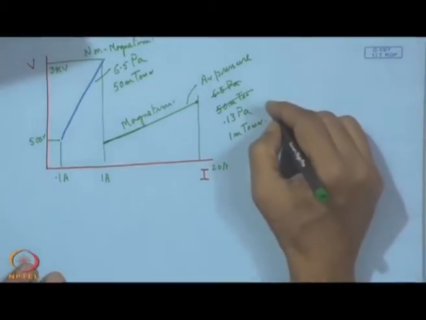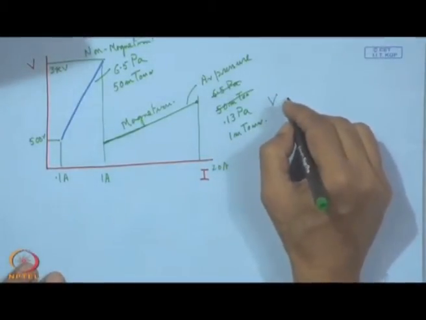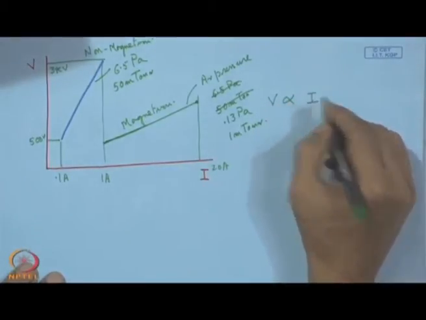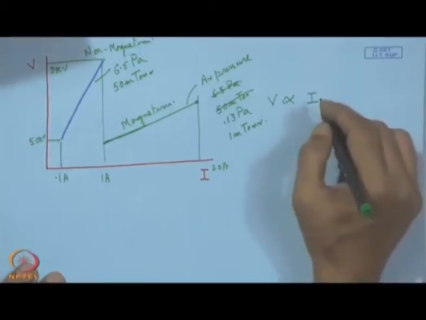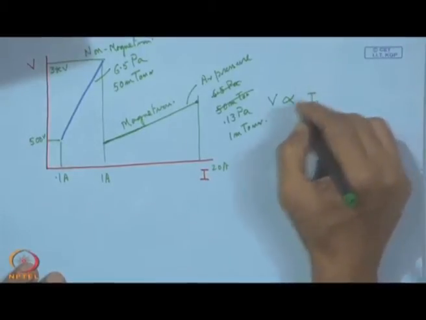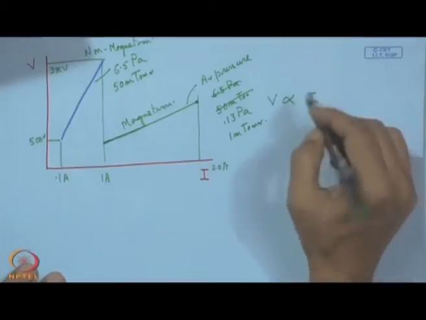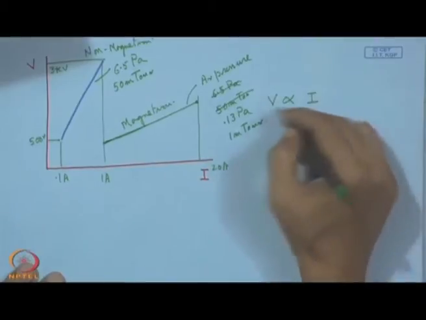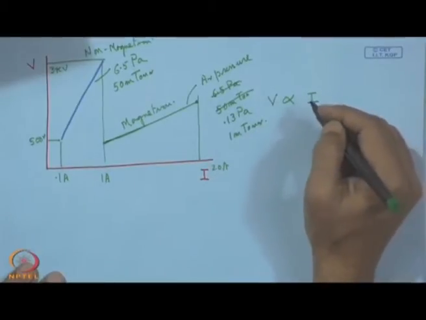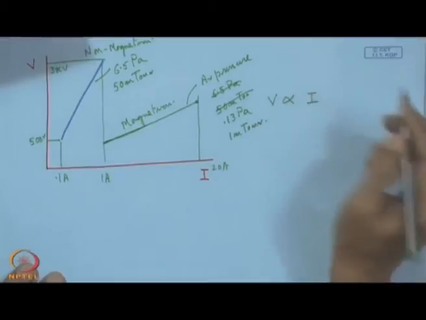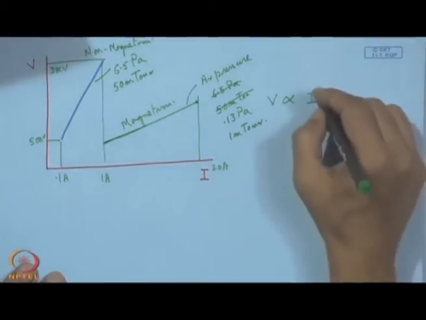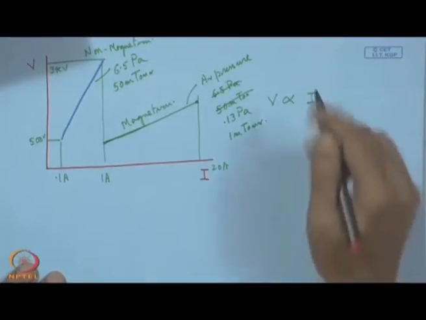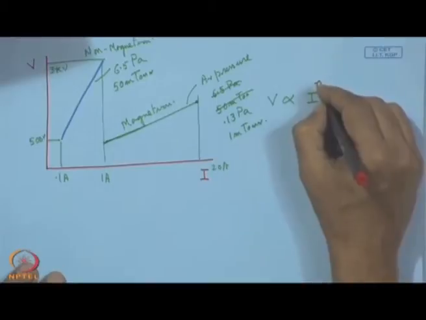These Vi characteristics we can also put in this form, that V is proportional to I to the power n. When it is ohmic conduction, V is proportional to I and the value of n is 1. However, in this case it is not 1, so we should put one index, that is n.